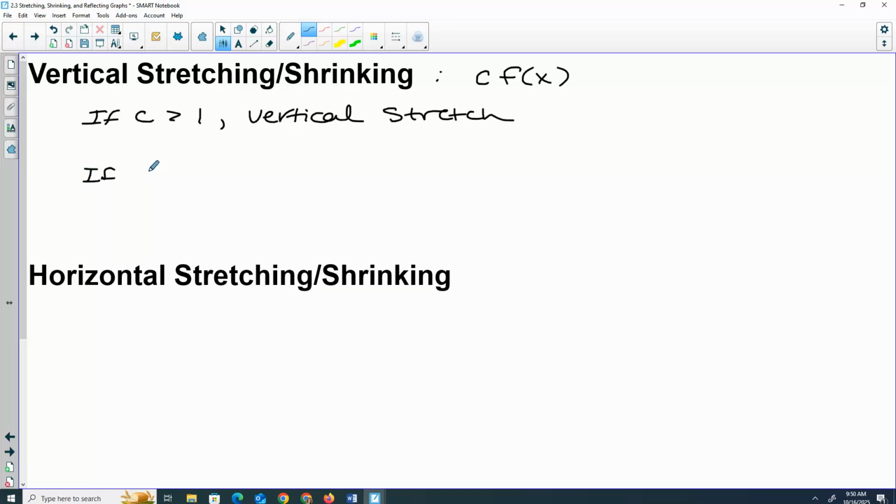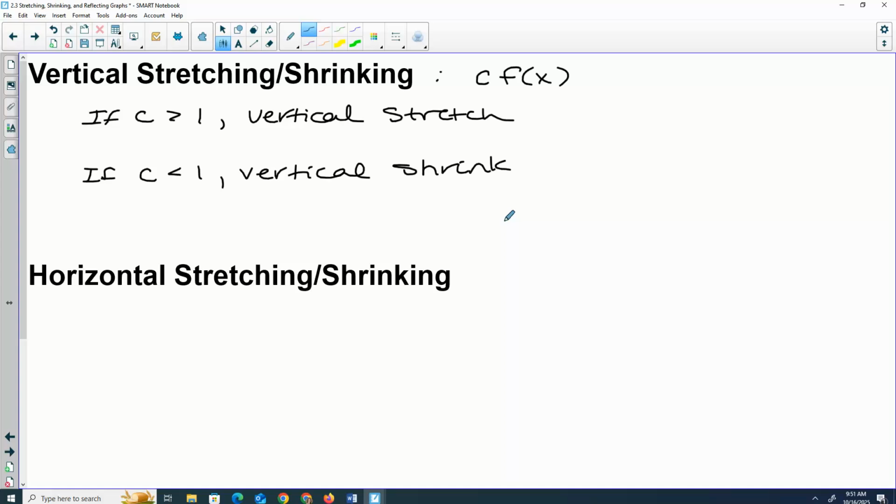If C is less than 1, it's a vertical shrink. If it is 1, that would be your normal parent function. So think outside changes y, does what it says.